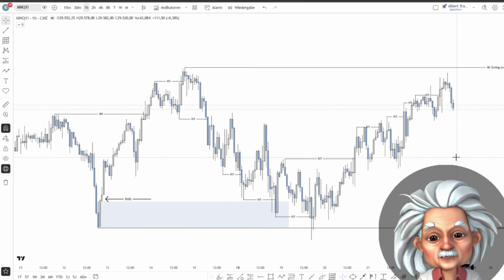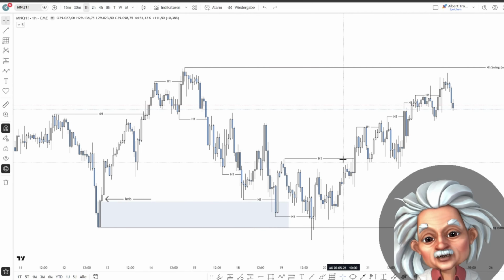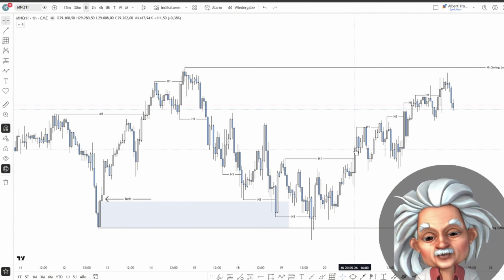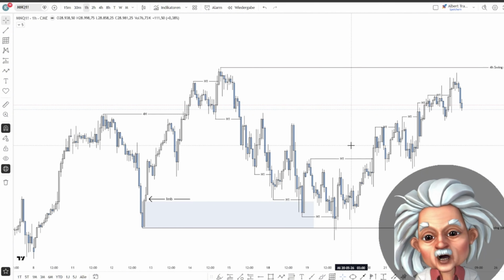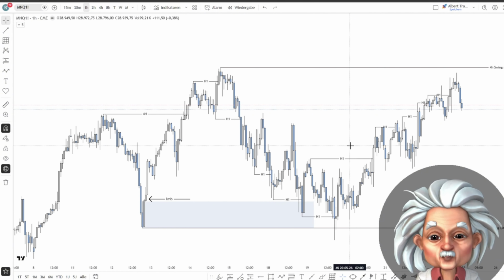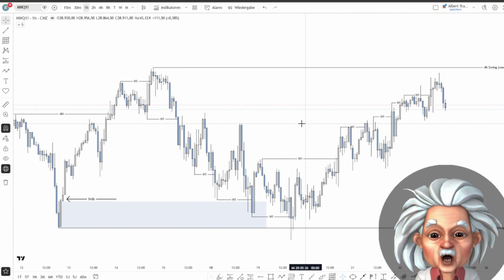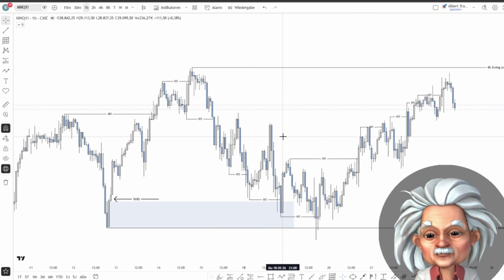It's basically a very simple framework, and with this in mind, you are most likely to be more right than wrong in your buys, in your intraday or your daily buys. And this is how I frame my basic daily trading ideas, you know.